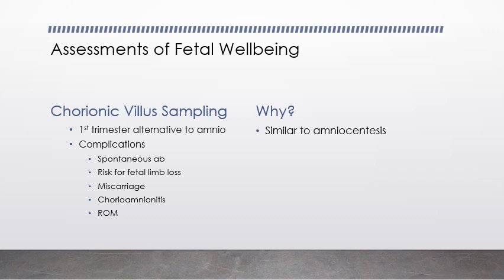So there's a risk for spontaneous abortion or miscarriage, risk for fetal limb loss, chorioamnionitis, which is an infection of the amniotic membranes, also a risk for rupture of membranes, and during the first trimester this would not be a good thing.